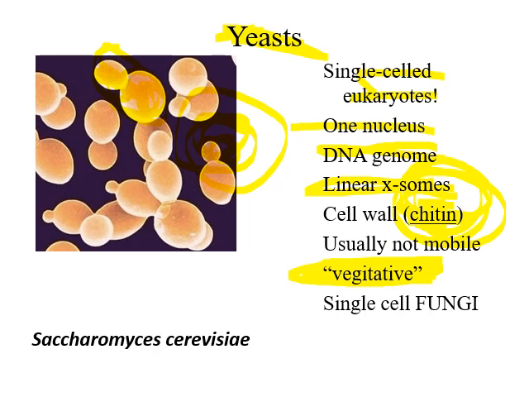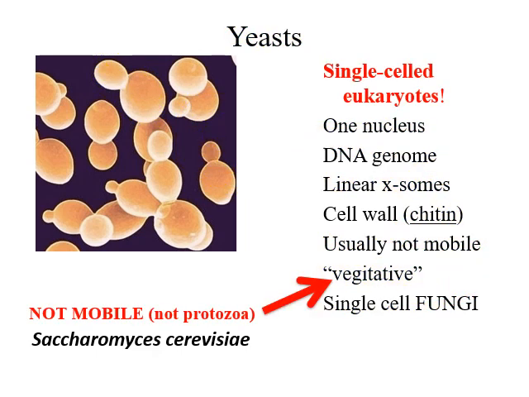And furthermore, most of the yeast are not motile. Most of them are vegetative, meaning they just sit in the same place. Vegetative state means you sit in the same place and don't move. Okay, so vegetative in this case means that they don't move and they reproduce through fission usually.